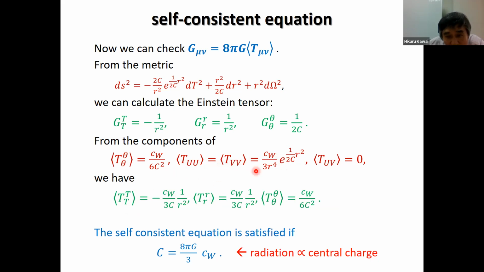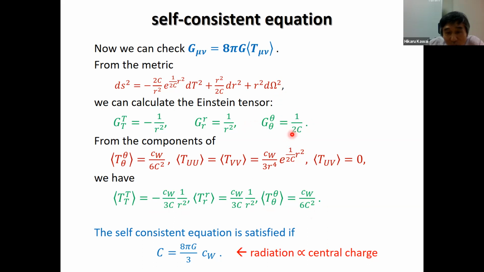After a bit of calculation, we can show that diagonal T_TT is minus proportional to 1 over R squared, diagonal T_RR is proportional to 1 over R squared, and T theta theta is a constant. So we can compare these three with these three: 1 over R squared, 1 over R squared, and 1.